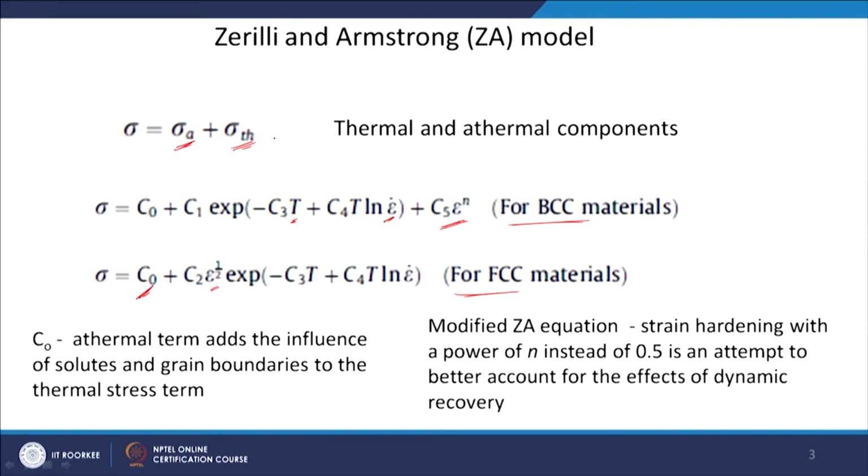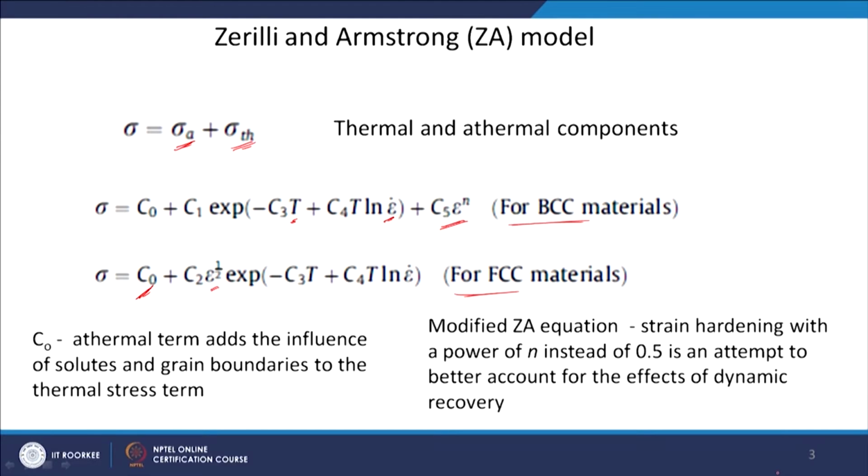Now, of course, as for any other model equation, people have modified this Zerilli-Armstrong model also. What these modified ZA equations are usually trying to do is this: the strain hardening exponent, in the FCC material, they have kept as a constant 0.5. So, half is written there, so it is 0.5.